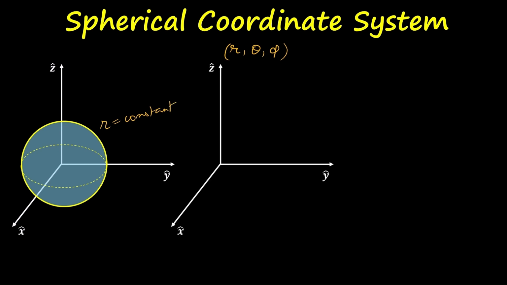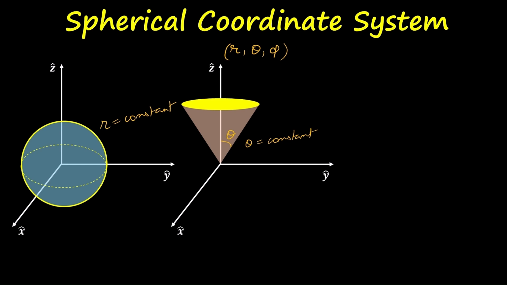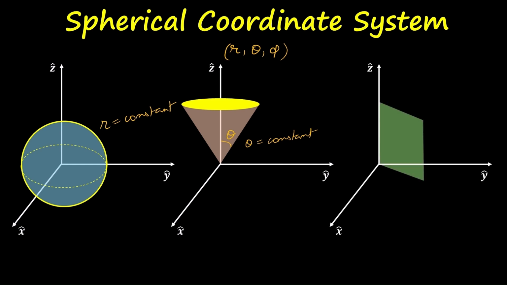And for theta equals constant, we can draw a cone like this. If I take any point on the curved surface of the cone, the angle theta will be the same. So this is for theta constant. And for phi, we can draw a surface like this.